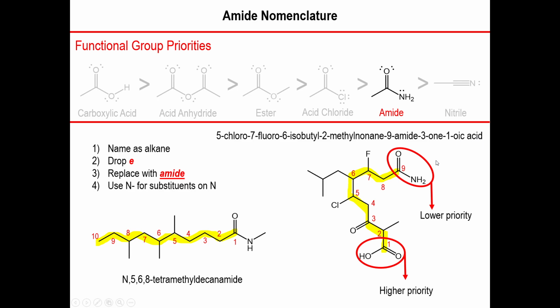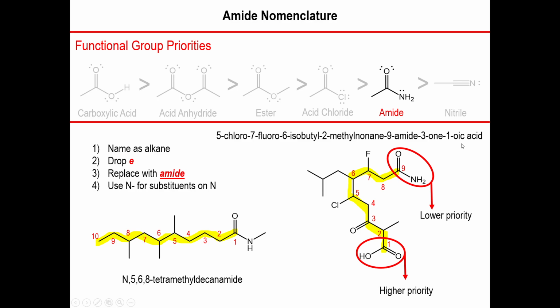And for the most part, this is in alphabetical order. Now, you'll notice that the ketone and the carboxylic acid are not in alphabetical order. And the only reason for that is simply because the carboxylic acid being the highest priority, usually people try to put that group at the very, very end to emphasize that that is the main functional group.